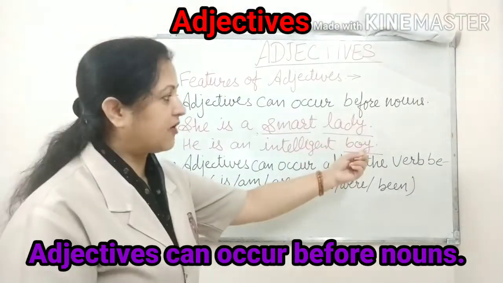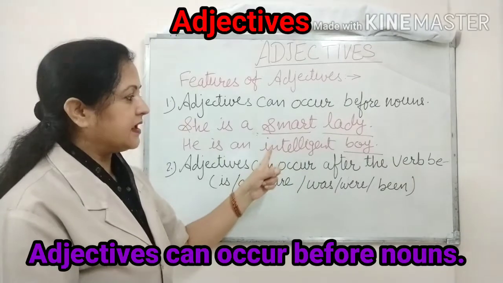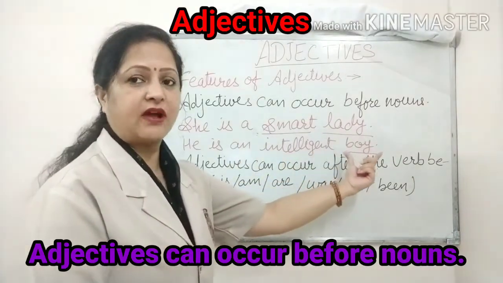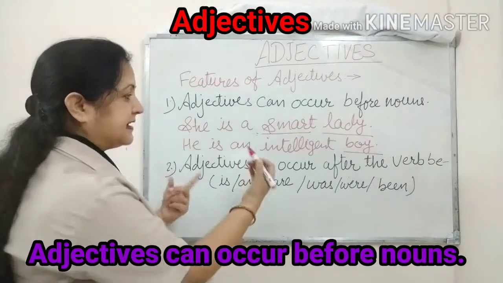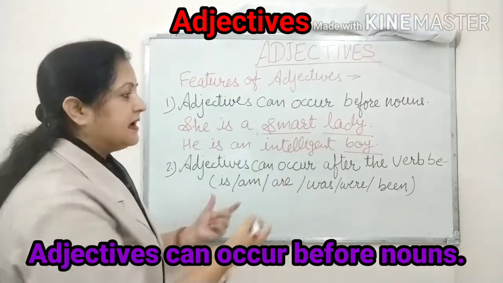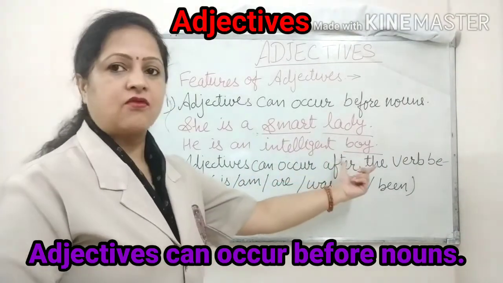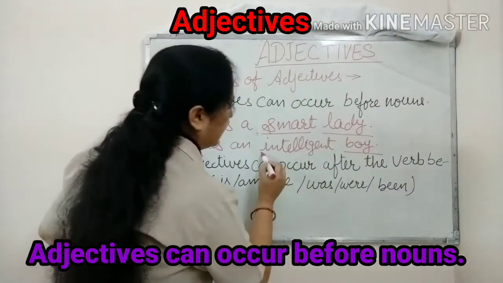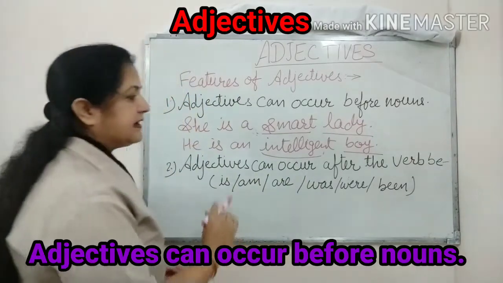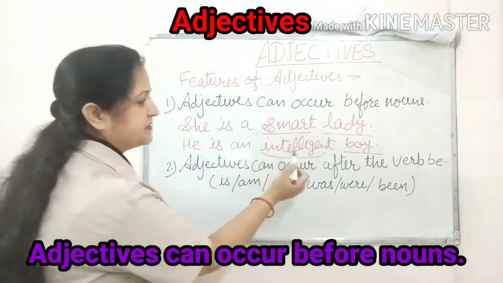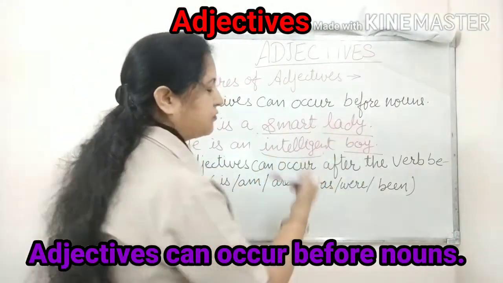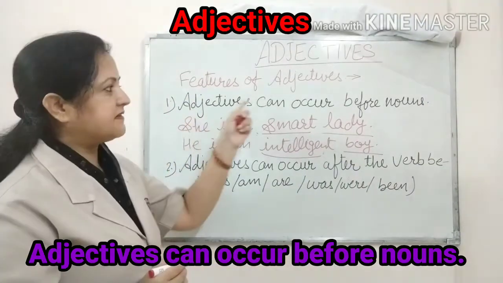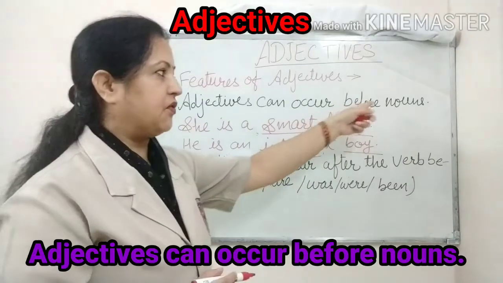Here intelligent tells us the quality of the boy, or we can say the word intelligent describes the noun boy. So here intelligent is our adjective, and it comes just before the noun boy. So this is our first feature, that adjectives can occur before nouns.